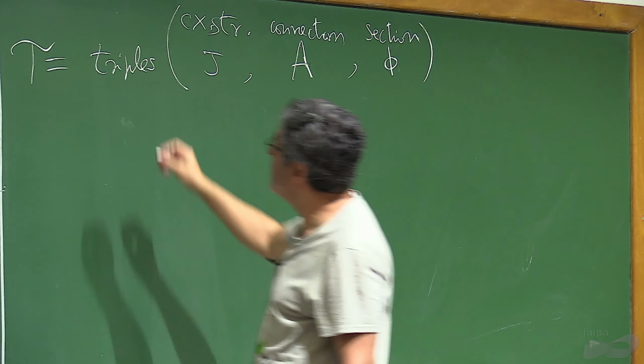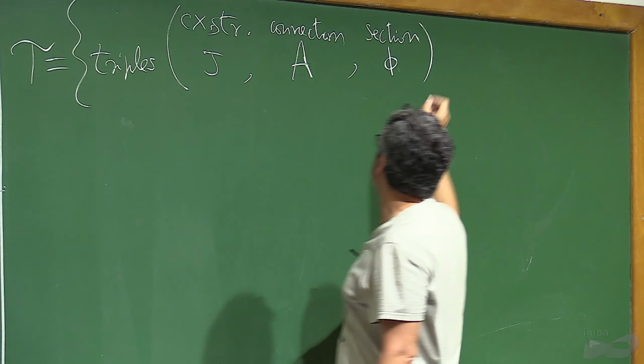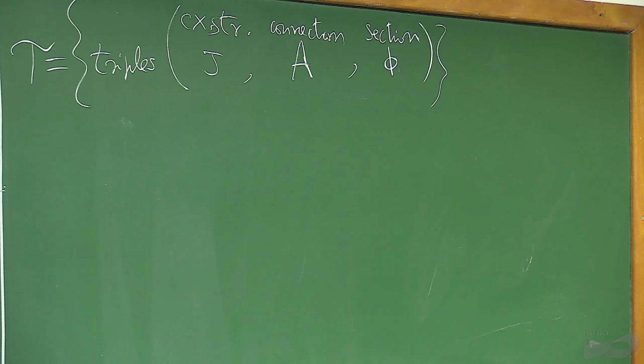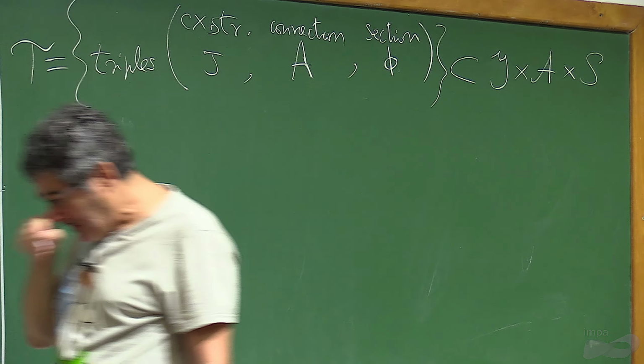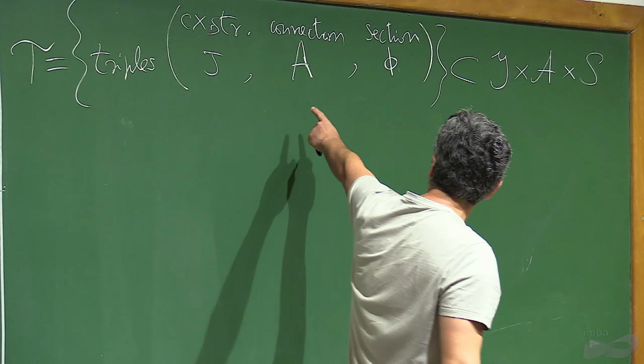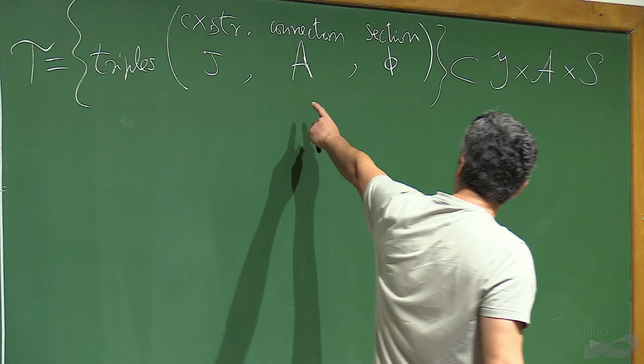Okay? This is a space that is going to be the Kähler manifold. Okay, so it's inside the space of complex structures compatible with something, I would say, times connections times sections of the line bundle. And we impose conditions like phi has to be holomorphic.